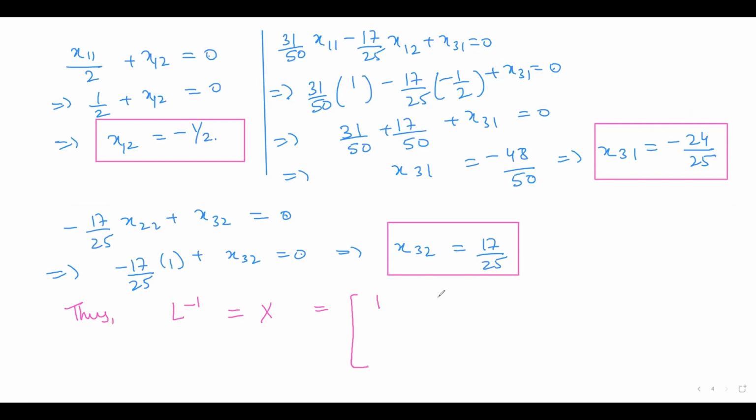given by 1, 0, 0, minus half, 1, 0, x31 is minus 24 upon 25, x32 is 17 upon 25, 1.